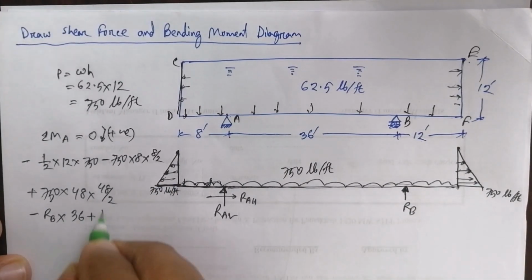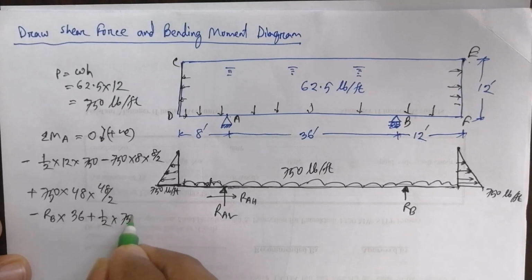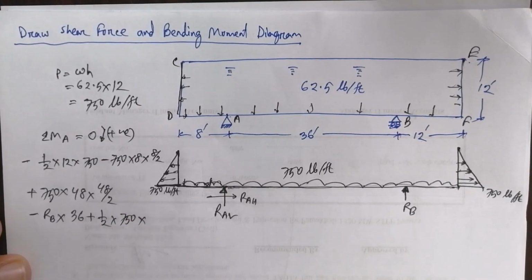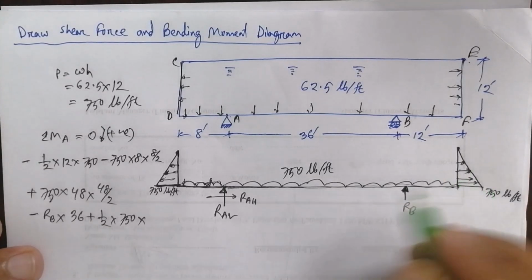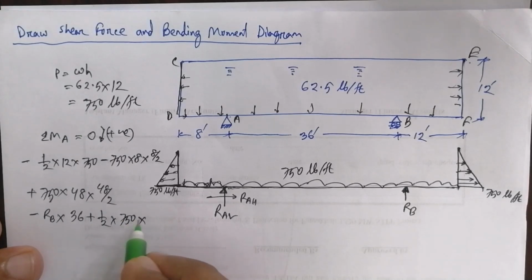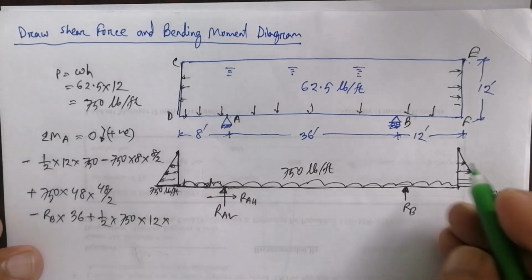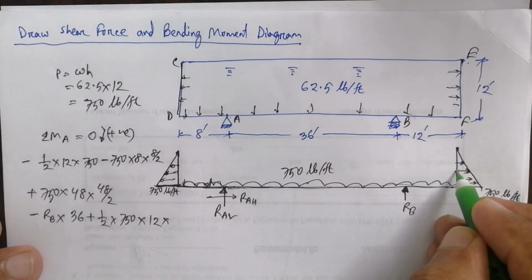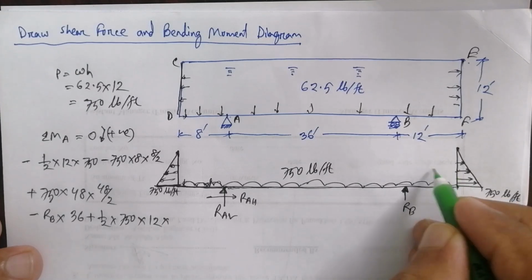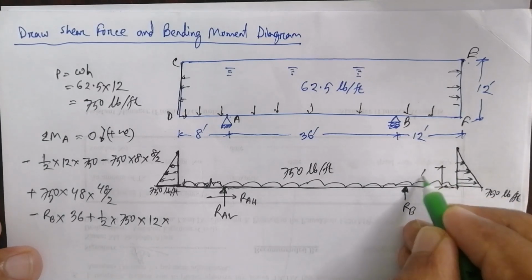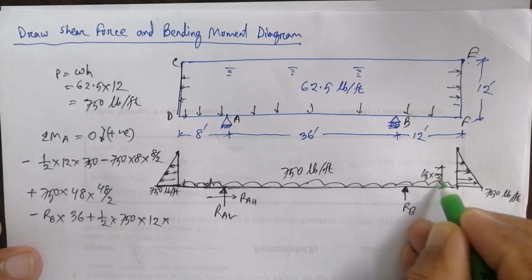This is also triangular, so half into 750 into 12 is the force, and for the moment the distance is 1/3 from this base, 1/3 of 12.